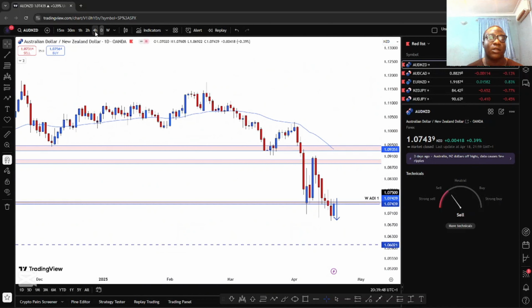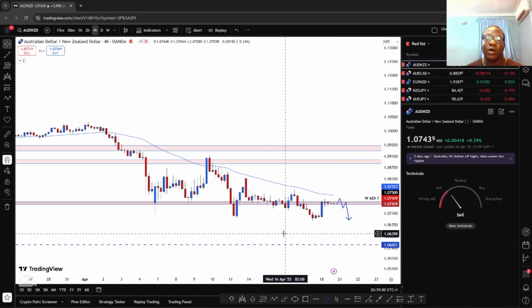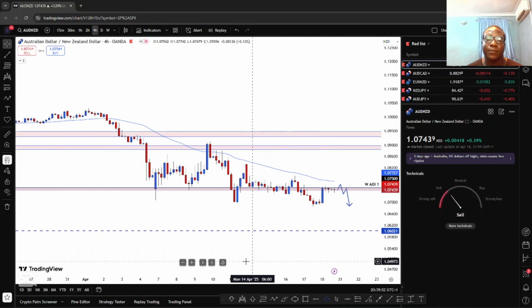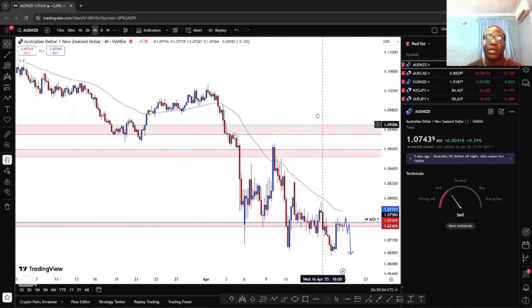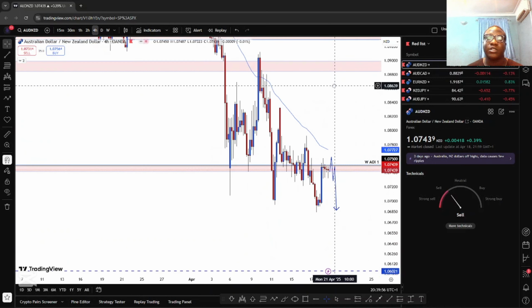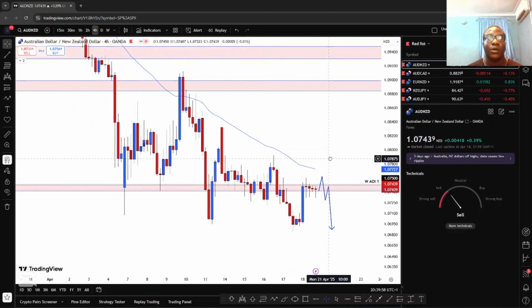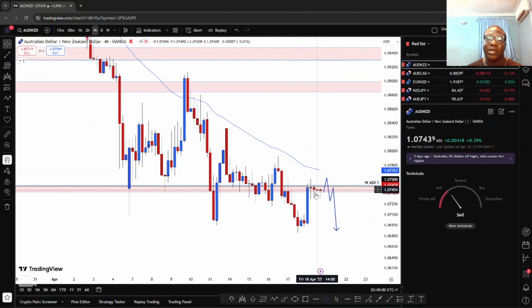Going down to the 4 hour time frame, you can see that the market is also currently bearish right now with the market at our area of interest, which is the weekly and the daily area of interest. So what would I be waiting for this pair?